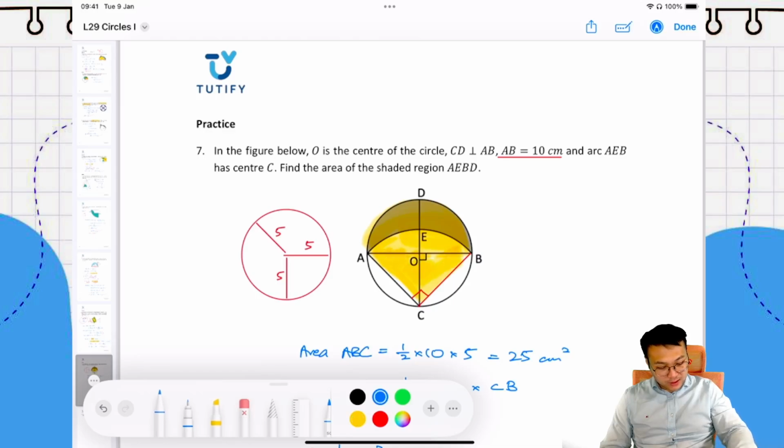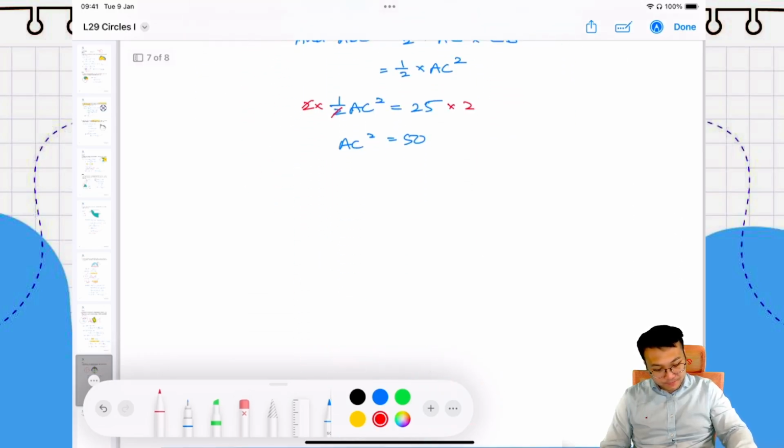Then we need to get rid of the quadrant. Get rid of this quadrant. Then you will be able to get the shaded region. So we have a semicircle plus the triangle. Then we get rid of this quadrant. We end up with the shaded region. Okay, now let's do that.